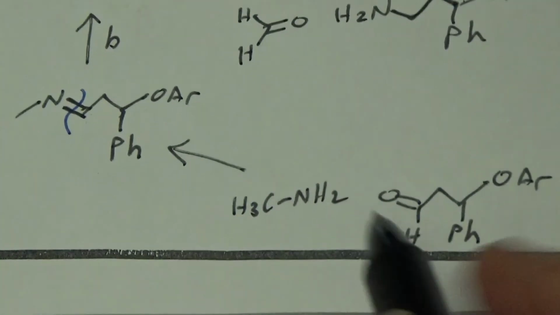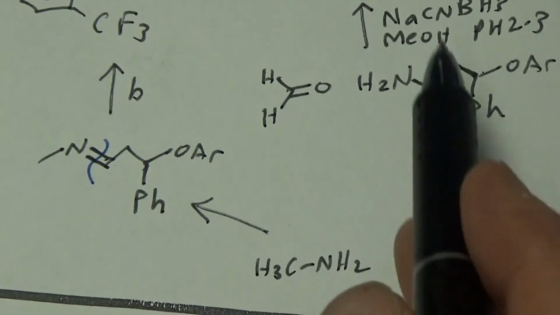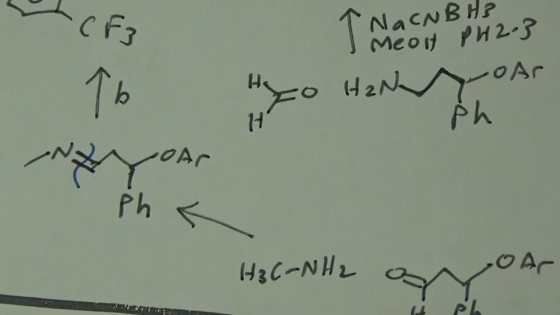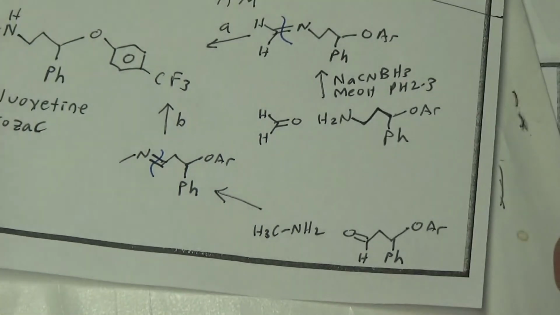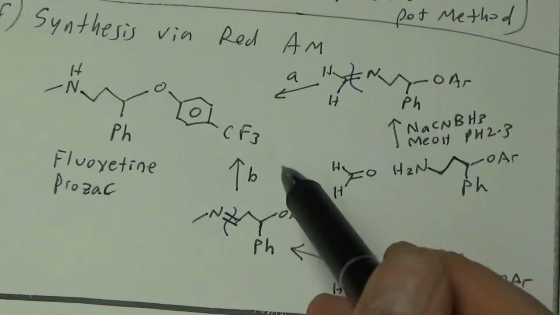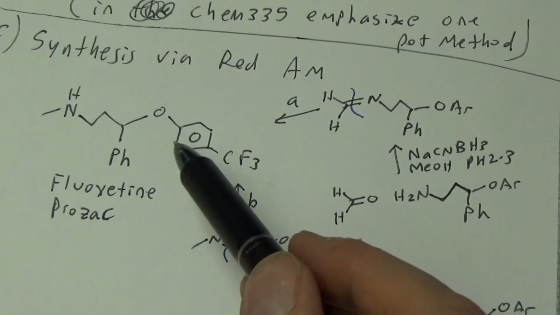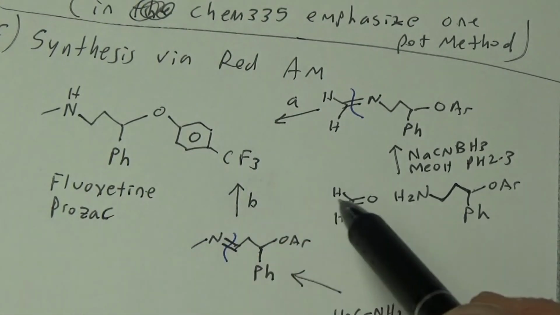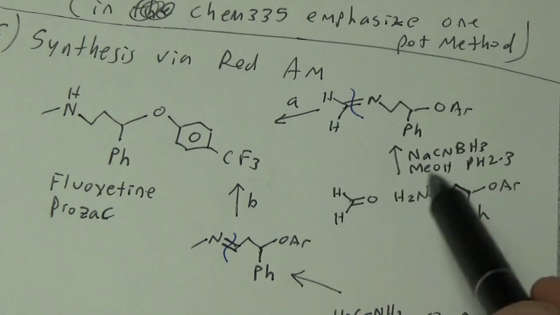And there you go. Of course the reagents are the same: NaCNBH3, methanol, pH 2 to 3. Okay, so that just showed two different approaches to make a molecule like the antidepressant fluoxetine, or Prozac, through reductive amination.